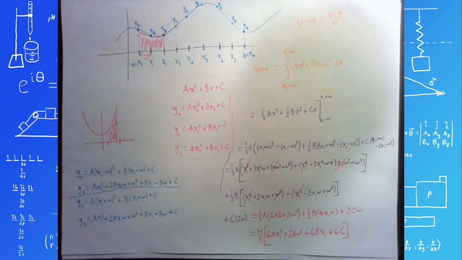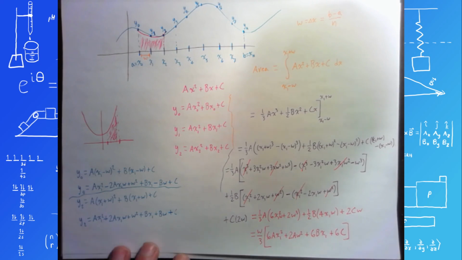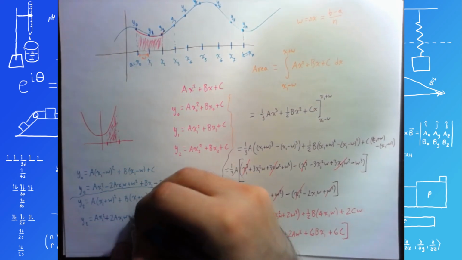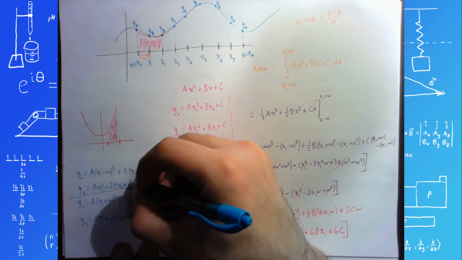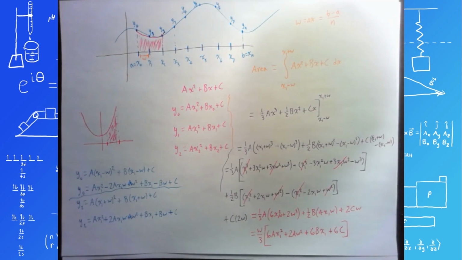That's cracking open all the parentheses and distributing the a and b. Oh, and I forgot, that's going to be a w squared, and that's going to be an a w squared as well. Not that it matters, because I believe these are going to cancel. Oh, no, they're not going to cancel out.